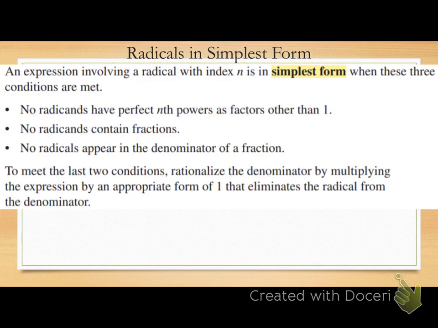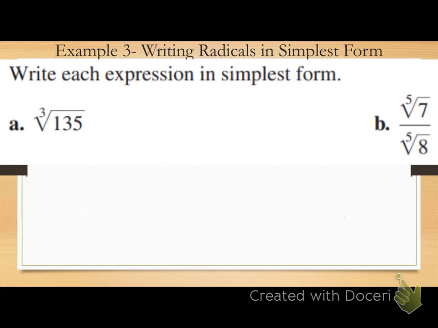So we want all our radicals to be in simplest form. Give you a little bit of time to write this. For time's sake, we do need to go ahead and move on. We got one more thing to get through after this one. So let's look at some examples real quick.